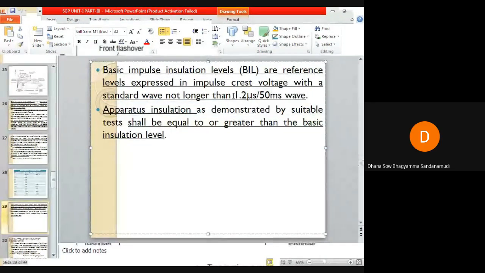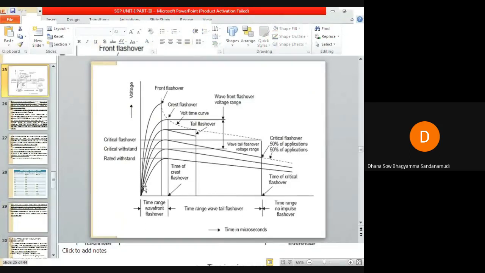Okay, so what is this 1.2 microseconds and 50 milliseconds wave? 1.2 microseconds represents the front wave, the time taken for the front wave to reach the peak value.